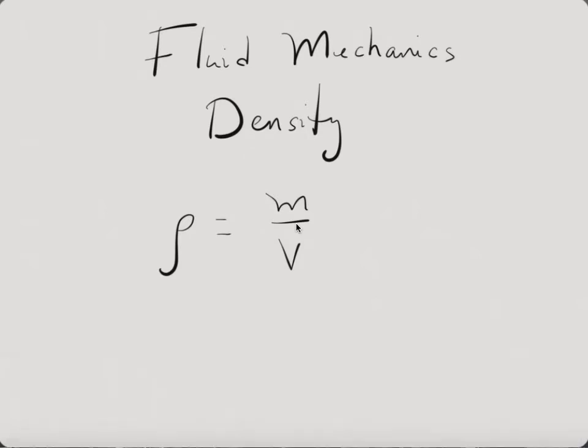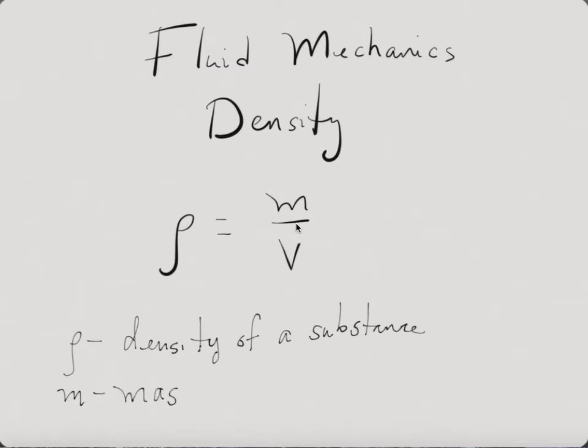Rho is considered the density of a material. And then we have mass, m, which is just the mass of that material. And V is just the volume of the material.